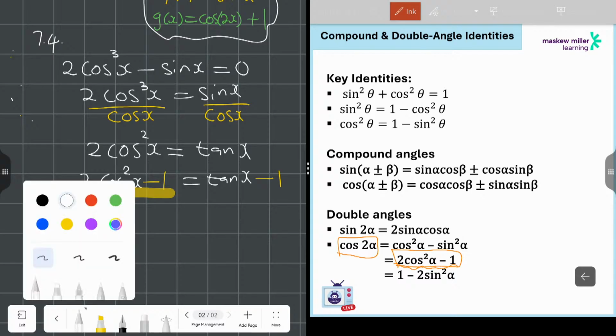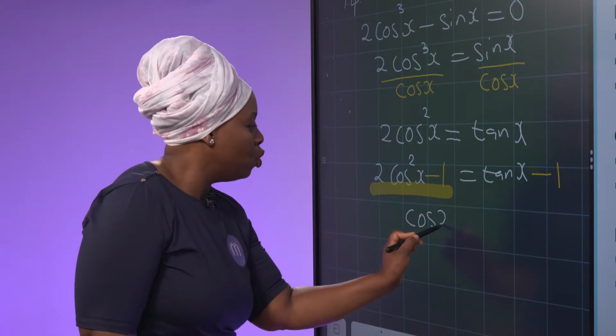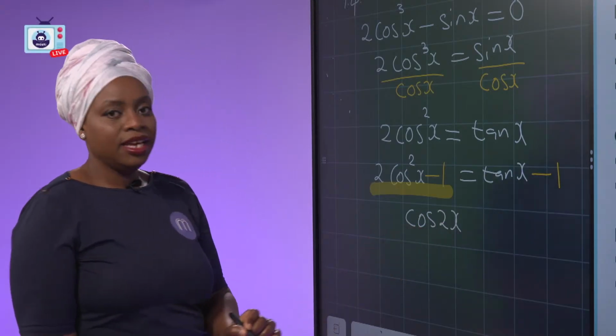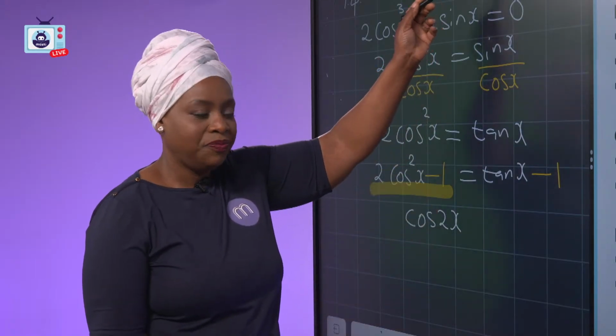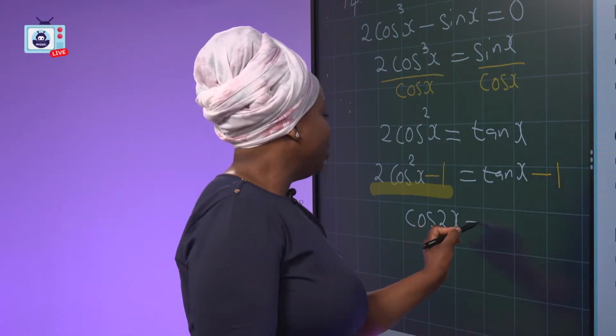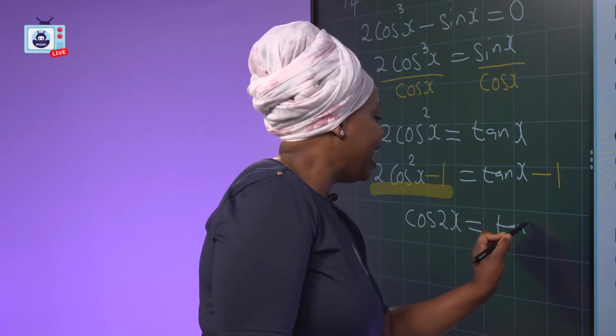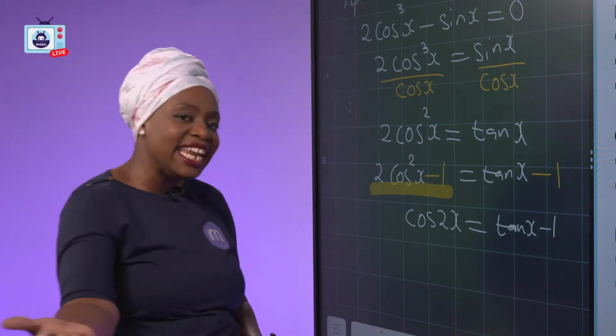Then after that, I know that I can change this whole thing to be written as cos 2x. Do you guys see we now have our cos 2x? Maths. It's literally mathing, eh? Then this will be equal to tan x minus 1. But now we need only tan x.